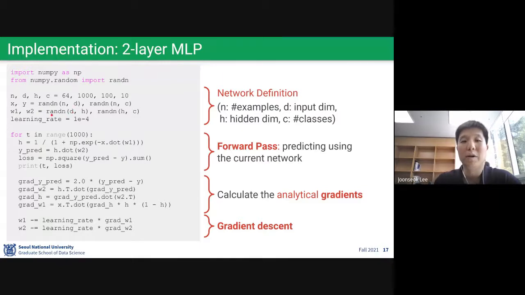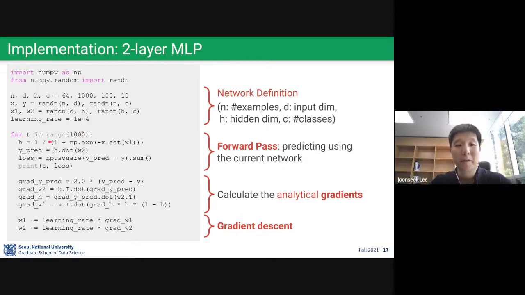W1 should be D times H because the first layer maps the D-dimensional input vector to H-dimensional space in the hidden space, or you can actually define H times D. Yeah, we have to check that. And then W2 is H times C because we map from H-dimensional space to C-dimensional space, and we define some learning rates. Again, this learning rate should be determined by cross-validation.